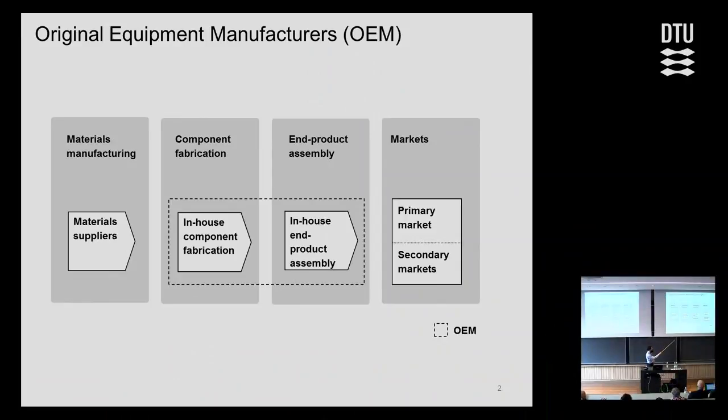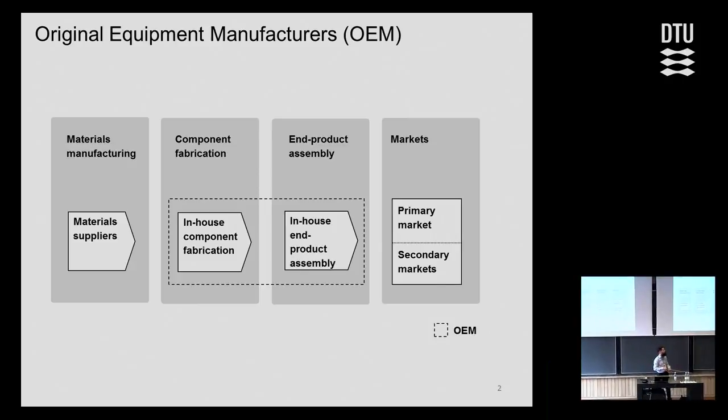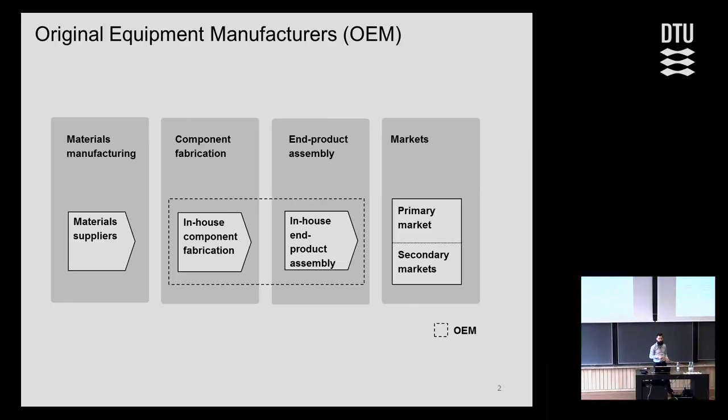So the original equipment manufacturer is the type of manufacturer that has in-product assembly in-house, as well as manufactures some of the components for the products, and the remaining components are then purchased from suppliers. And in addition, this type of firm purchases materials from suppliers for the components that the firm is manufacturing in-house.